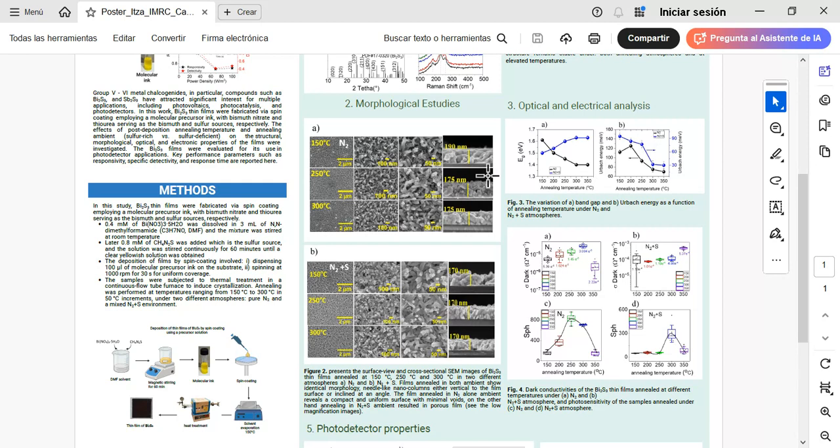Annealing under nitrogen only atmosphere resulted in a decrease of the band gap, whereas annealing in nitrogen plus sulfur atmosphere led to an increase in the band gap with annealing temperature.